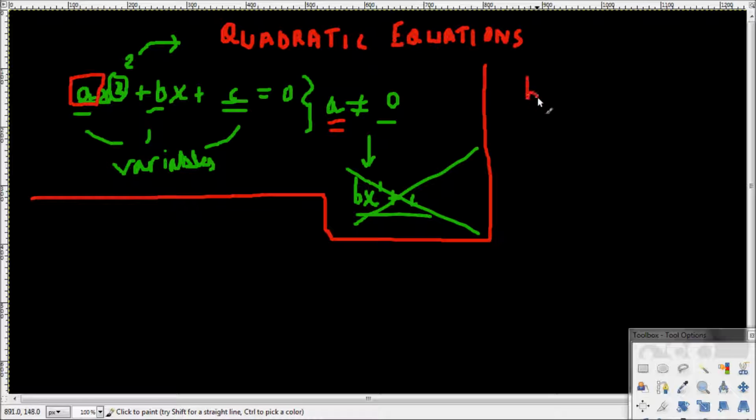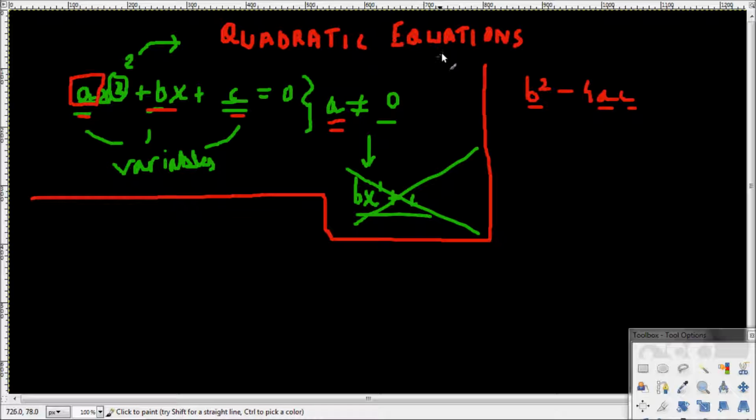It's b square minus 4ac. And here, of course, the b is this b over here, and the a and c as well are the ones over here.